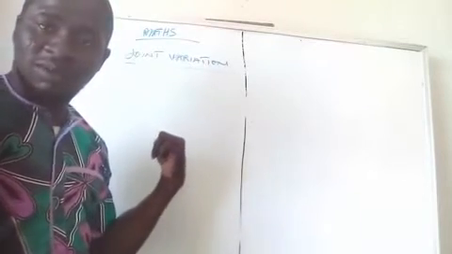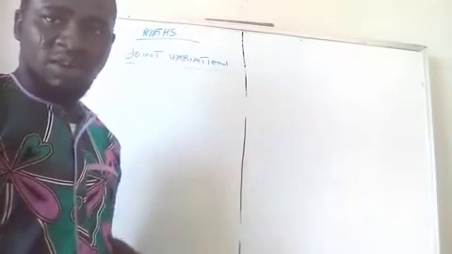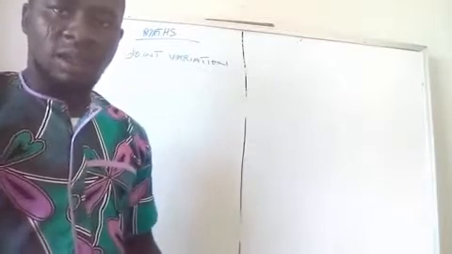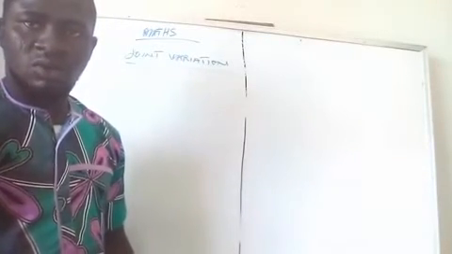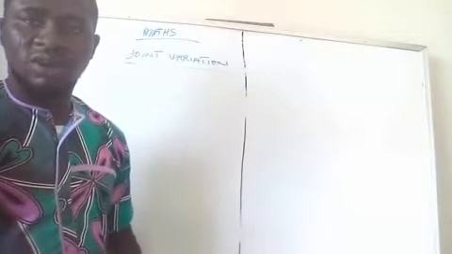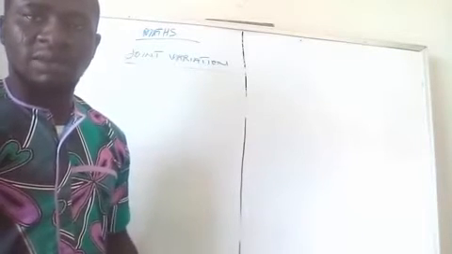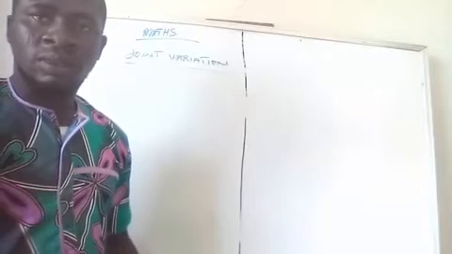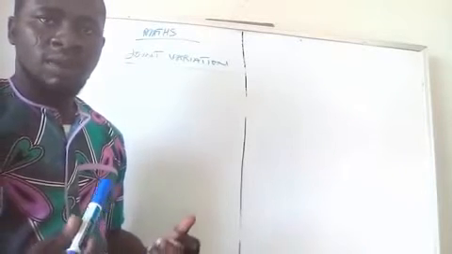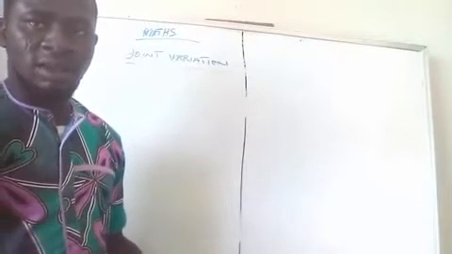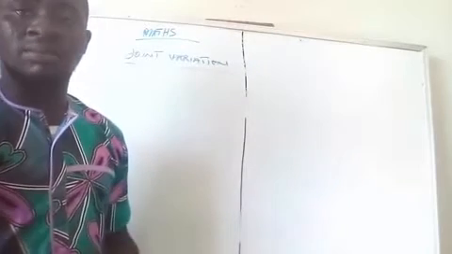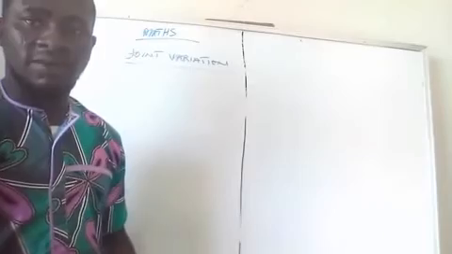The topic we have on the board is called joint variation, one of the subtopics we have been treating since this week. So, joint variation is a combination of direct variation and inverse variation. It is joint because, like I said before, it's the combination of direct variation and inverse variation.